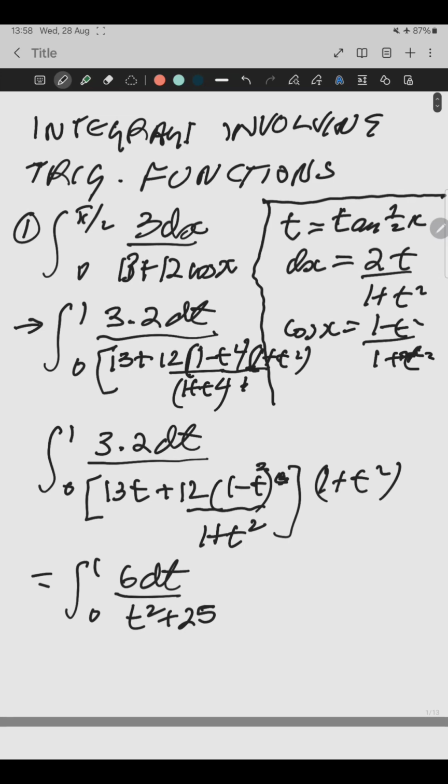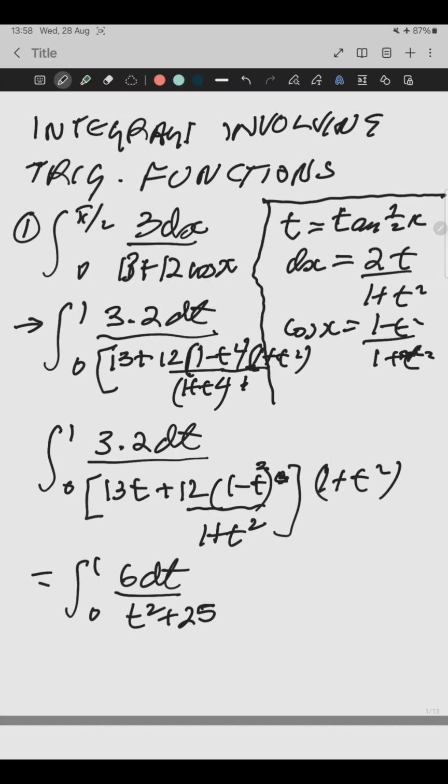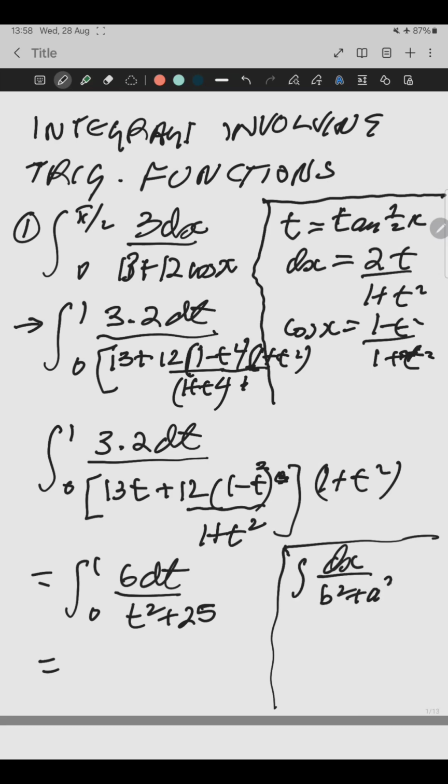And here we use the tan inverse substitution, a rather standard form. The standard form there being the integral dx over b squared plus a squared x squared is 1 over ab tan to the minus 1 of ax over b.